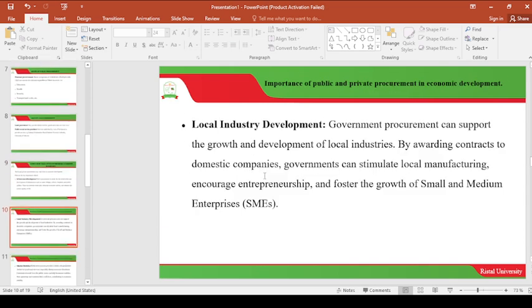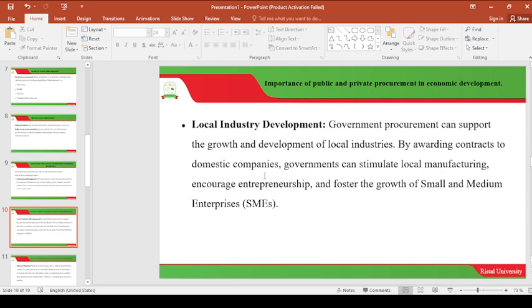Another is local industry development. Government procurement can support the growth and development of local industries by awarding contracts to domestic companies. So governments can stimulate local manufacturing, encourage entrepreneurship, and foster the growth of small and medium enterprises.